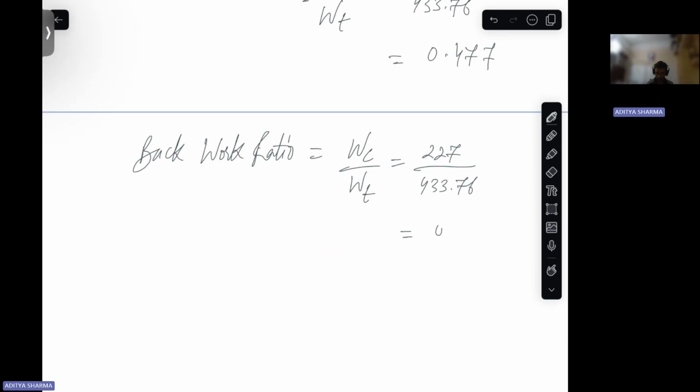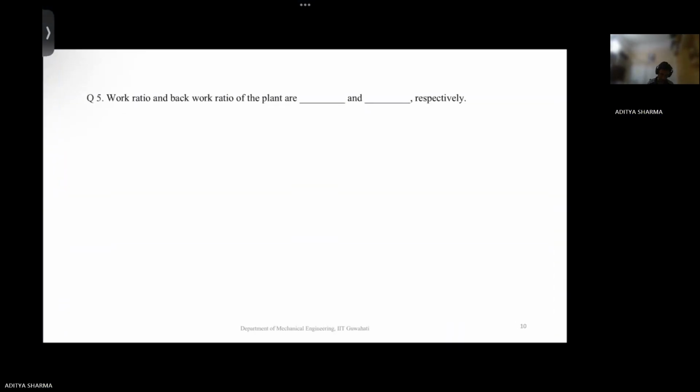So if you calculate, this will come out to be 0.522. So 0.477 and 0.522. Okay. This is the answer of question number 5.